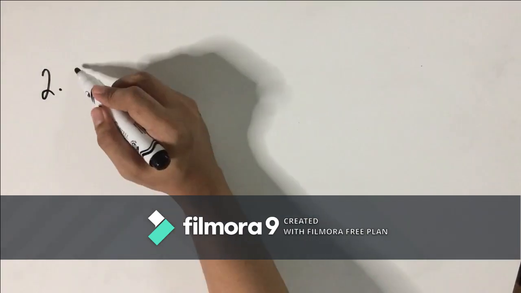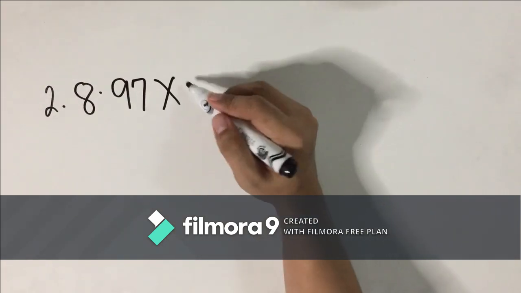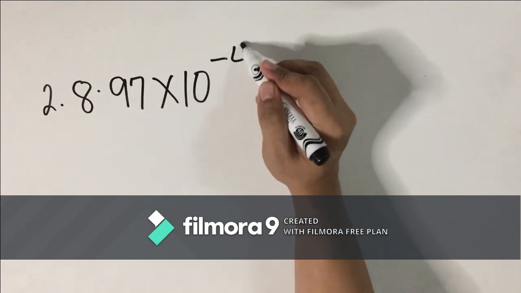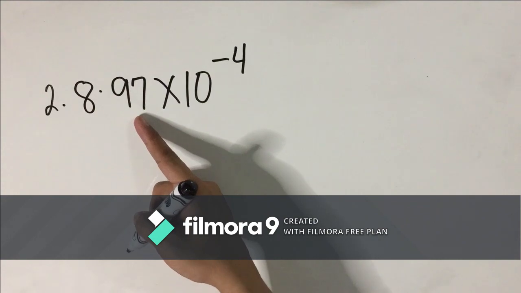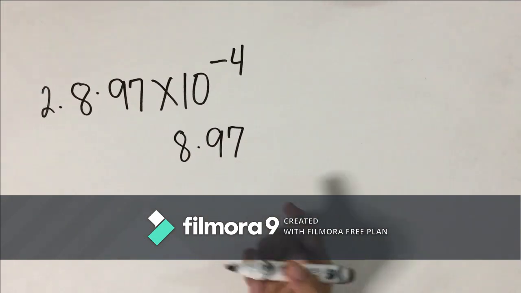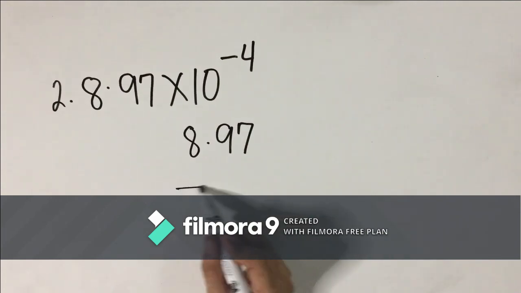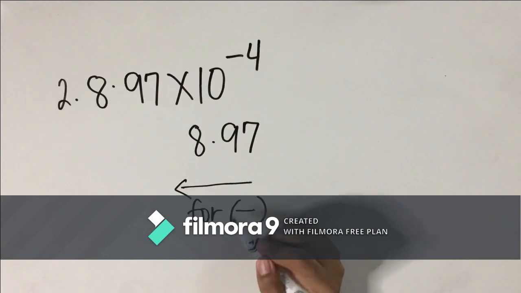Now for number 2, we have this given 8.97 times 10 raised to negative 4. So we have an exponent which is in negative, so we have to move the decimal point between numbers 8 and 9. How many movements? 7. But the direction is from right going to left, the other way around.